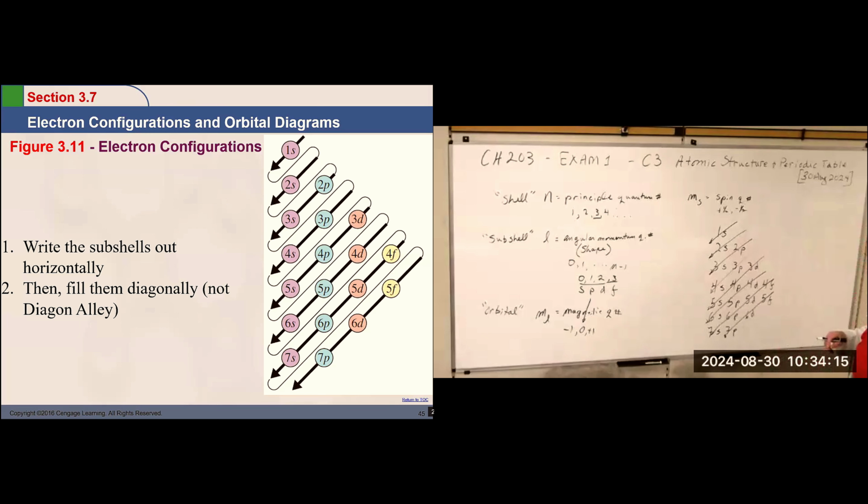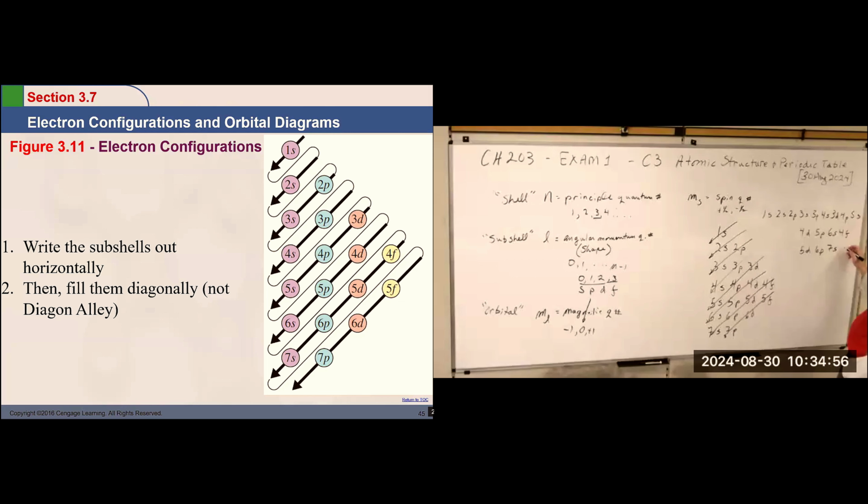Okay? So if we put these out in a string, then you would go 1s, 2s, 2p, 3s, 3p, 4s, 3d, and 4p, 5s, and then you would go to 4d, and then 5p, 6s, back up here to 4f, and 5d, 6p, 7s.